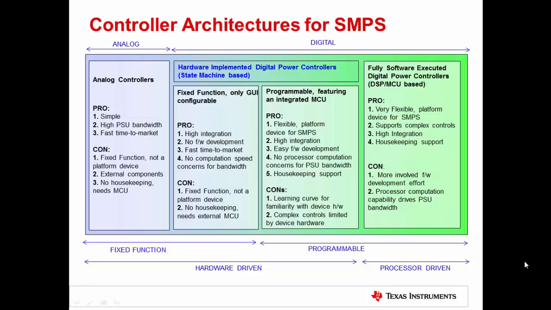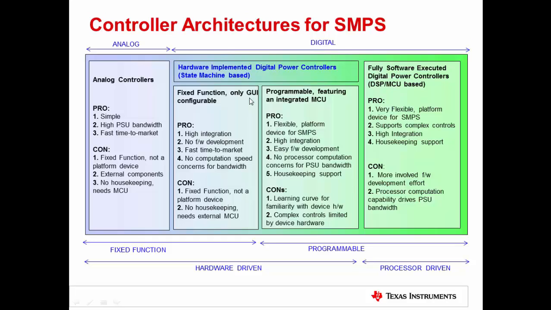There are two kinds of devices when it comes to these digital controllers based on state machine hardware. On the left-hand side, we have these fixed function devices which are not programmable but are GUI configurable. What this means is a GUI can be used to adjust and tweak certain parameters of the controller.